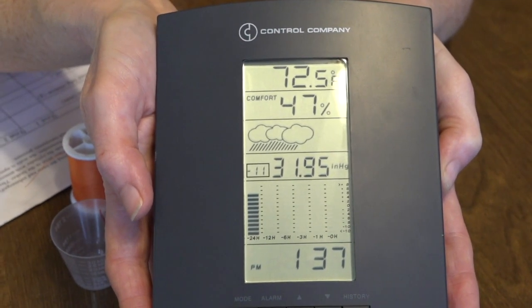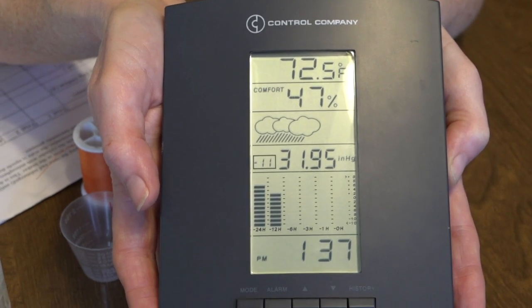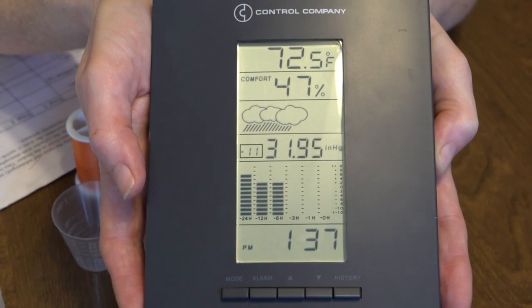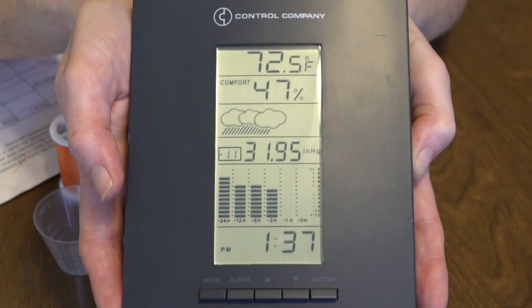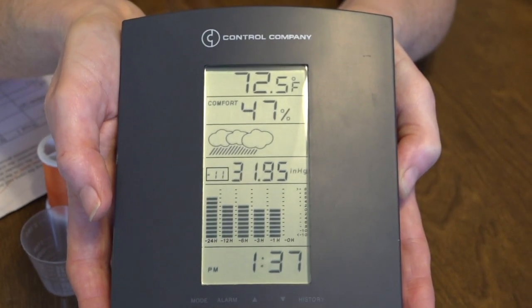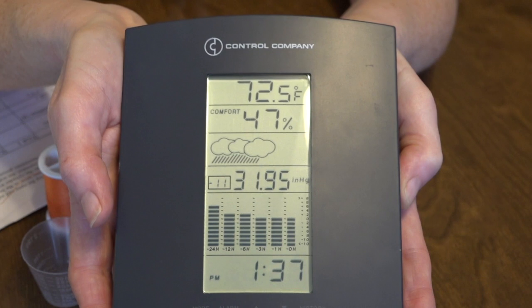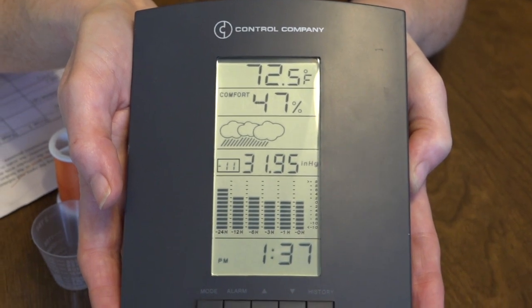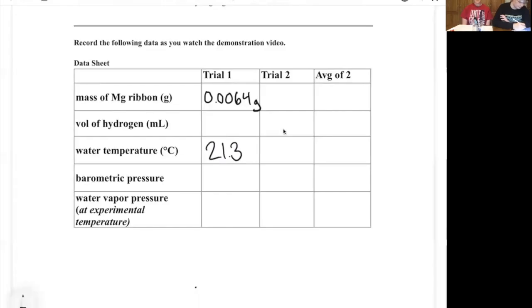As you can see on my barometer here, it is 31.95 inches of mercury. So you will have to do an appropriate conversion from inches of mercury to millimeters of mercury, which is equal to torr as well. And James will proceed in that calculation to demonstrate how that is done.